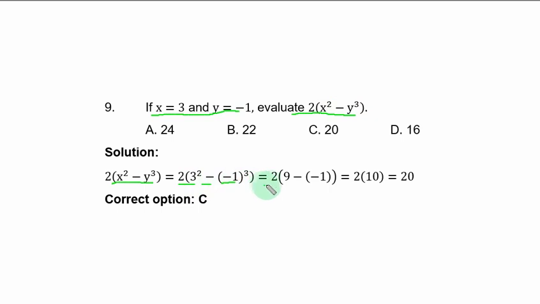So you have 2 bracket open, 3 squared is 9. Now minus 1 cube means minus 1 times minus 1 times minus 1, and that is minus 1. Minus minus is plus, so you have 9 plus 1 as 10, and 10 times 2 you have 20. C is the correct option.